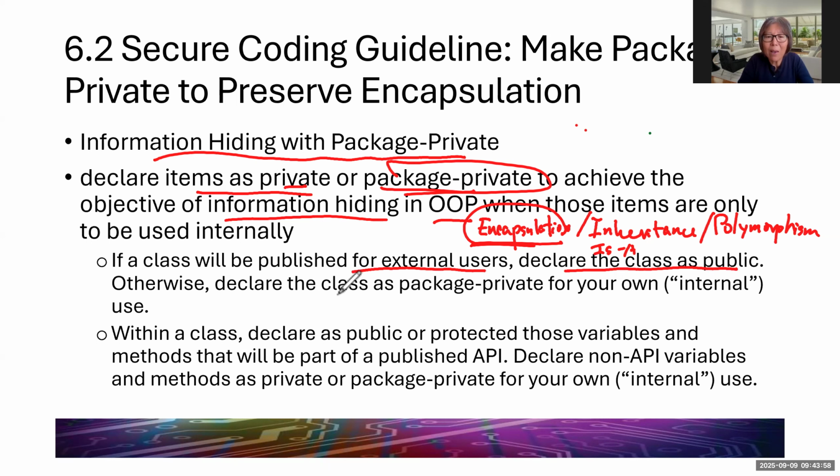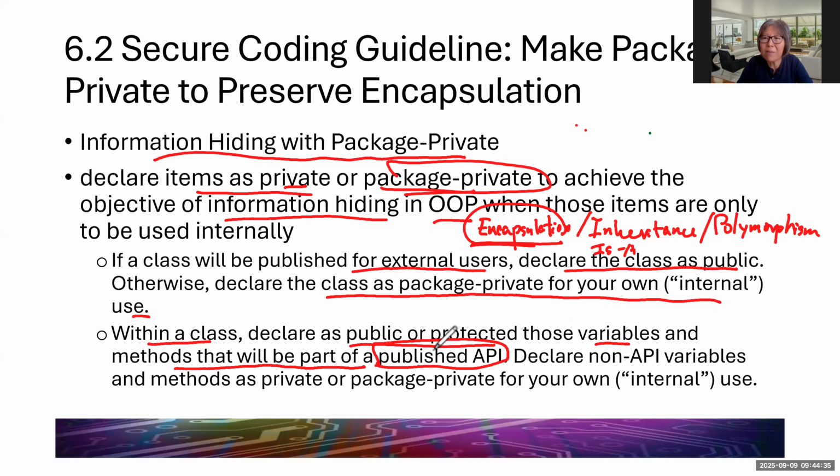Otherwise, even for a class, you just declare it as package private for our internal use, because sometimes you don't want some classes exposed. You just want them used for internal development. In that case, just declare as package private. Also within a class, you declare as public or protected the variables and methods that will be part of the published API.